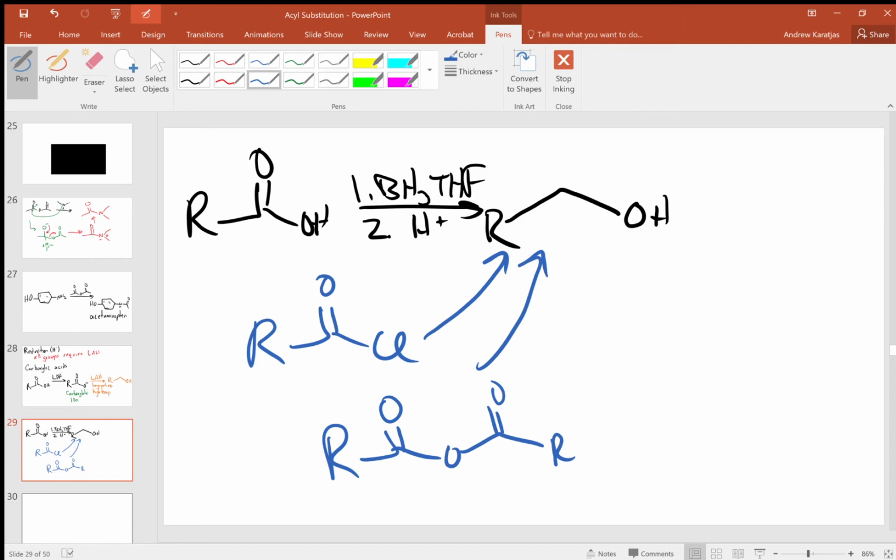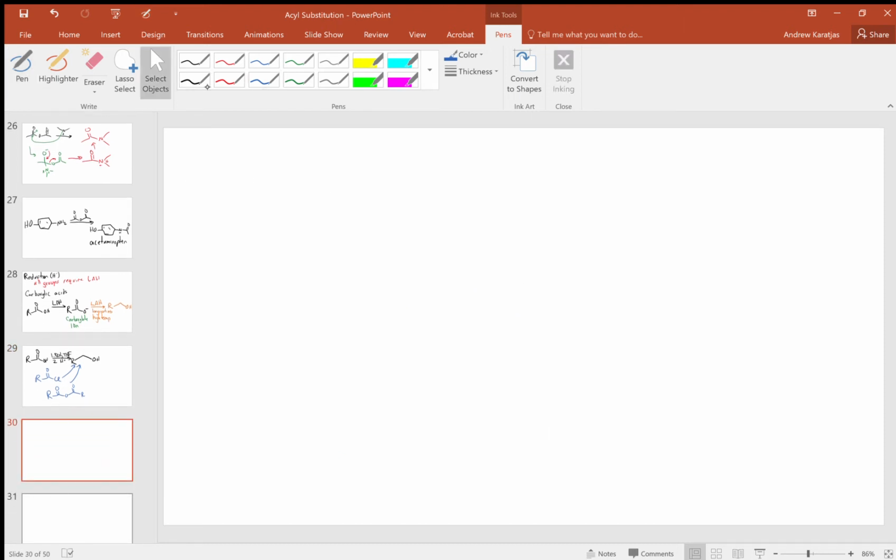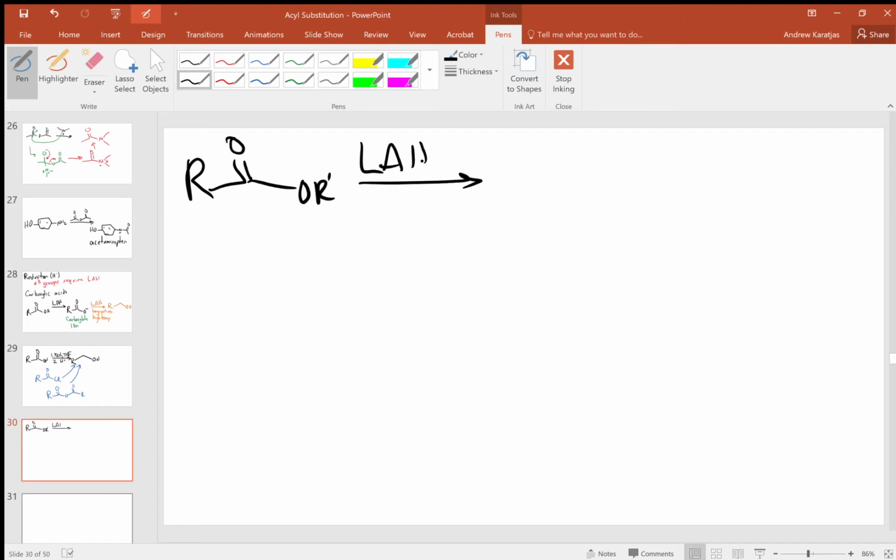But the other functional groups, esters and amides, can both be reduced, and both give us very useful results. So in the case of an ester, again, we can add LAH.